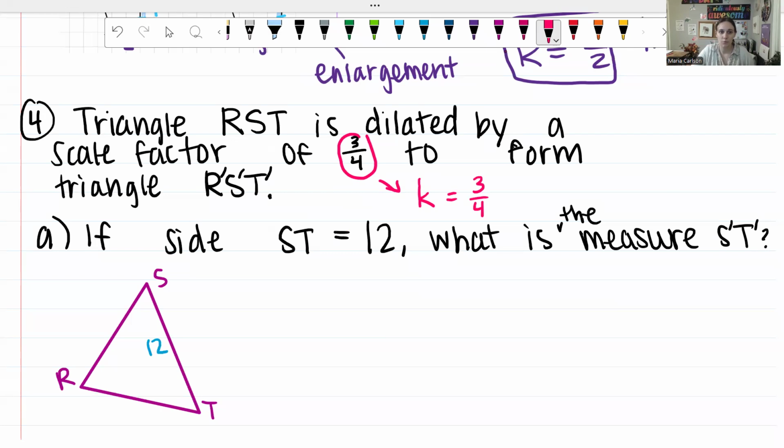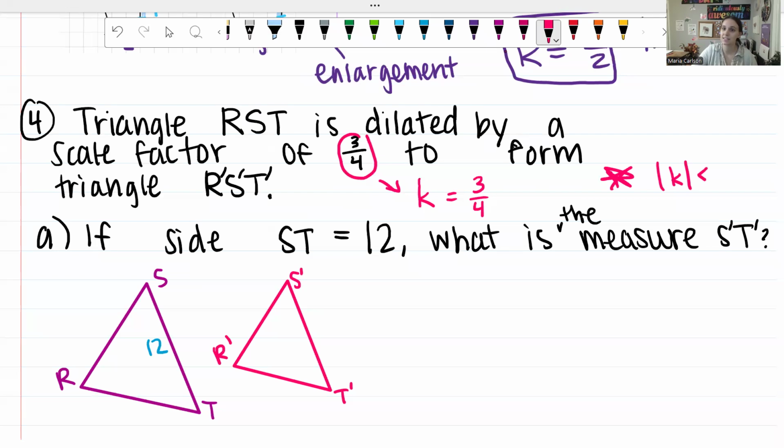So maybe R prime, S prime, T prime is just a slightly smaller version of this triangle. To make a quick note, because the absolute value of K is less than 1, I know that this is going to shrink.